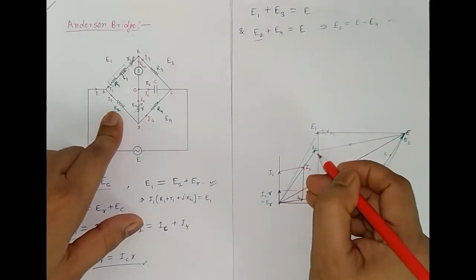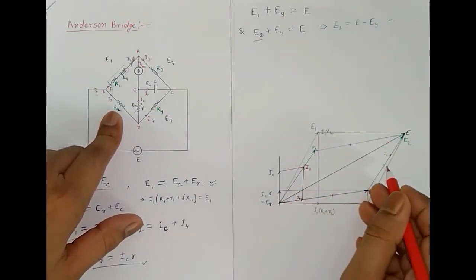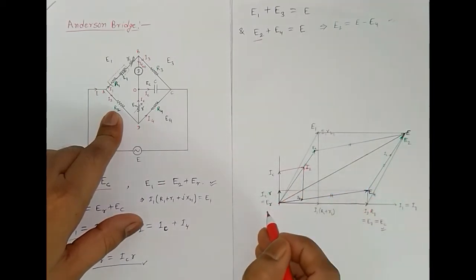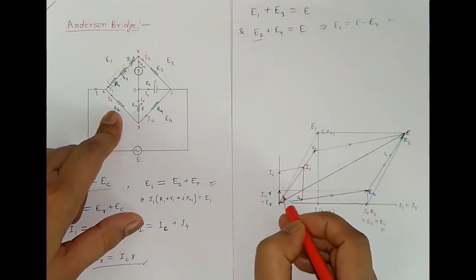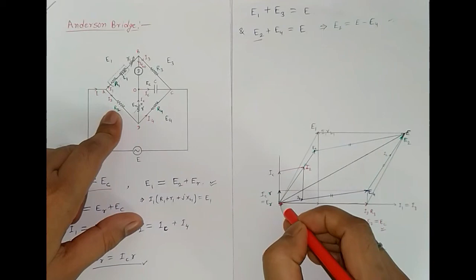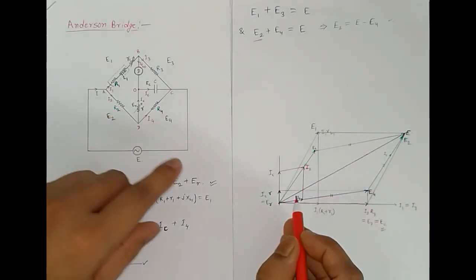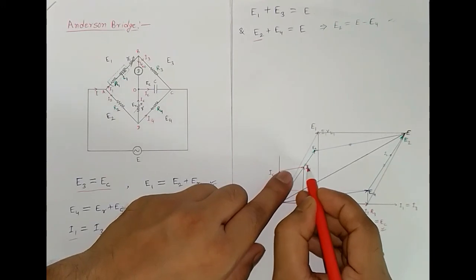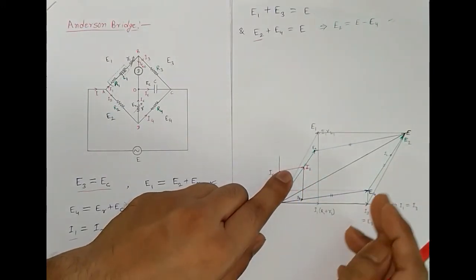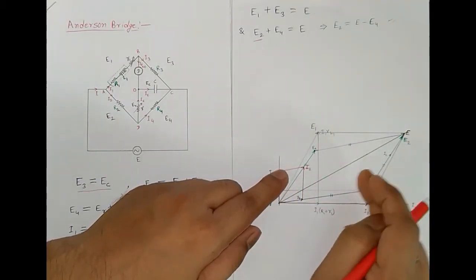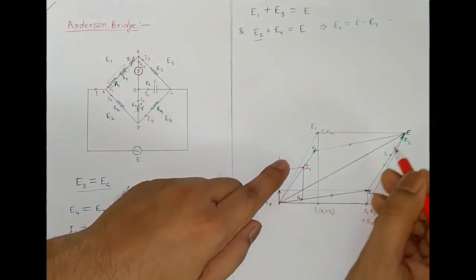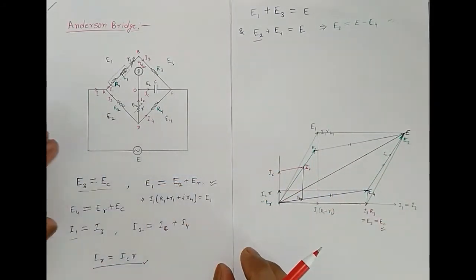So we can draw the direction of current from the origin by the parallelogram law, this one, this and this. So the direction of current will be along the direction of E2, because this green line and this green line are parallel.